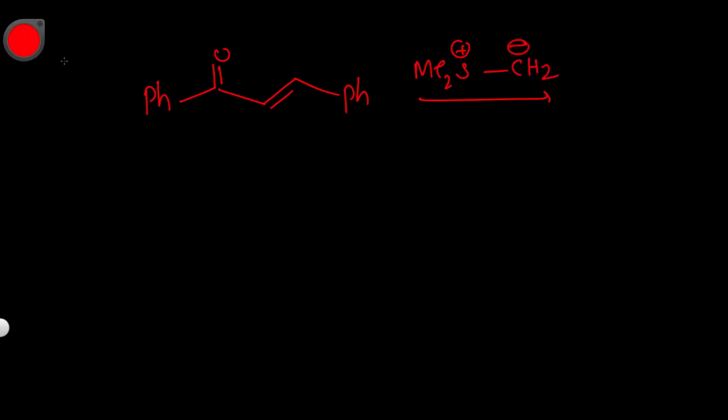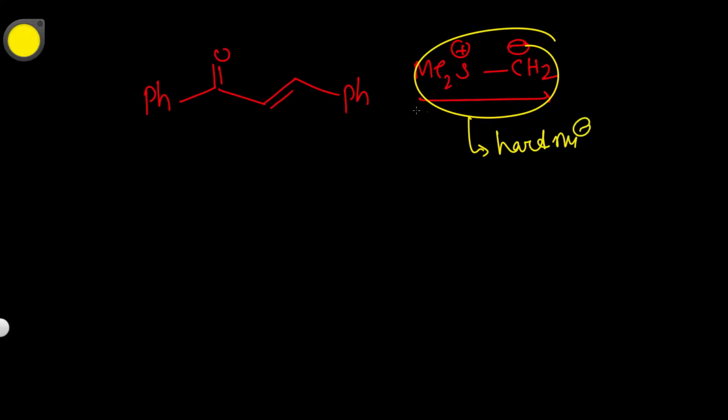So we have here Ph, a double bond, and here is a Ph. Now I am taking here Me2S positive, and here is a CH2 minus. As we all know, this is acting as a hard nucleophile, and this is our hard electrophilic center.